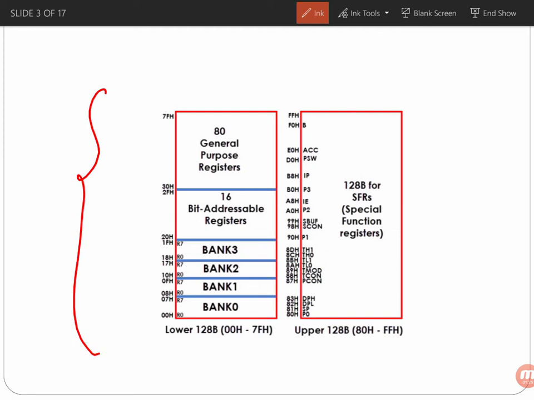If you observe the internal RAM structure of your 8051 microcontroller, the address space from 80 to FF is allotted for the SFRs. Out of these 128 memory locations, 80 to FF, only 21 locations are actually assigned to SFRs. Each SFR has a one byte address and also a unique name which specifies its purpose.